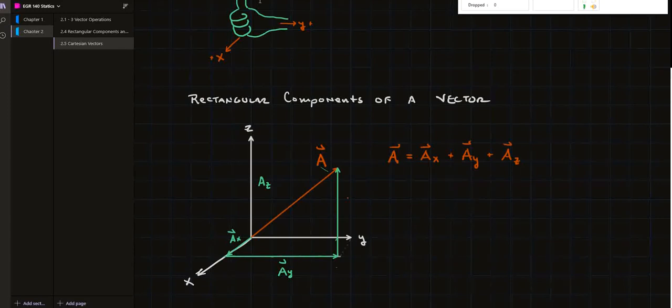We can find the magnitude of this A vector. And actually, before we do that, let us look at breaking this down into a constant coefficient times a unit vector.